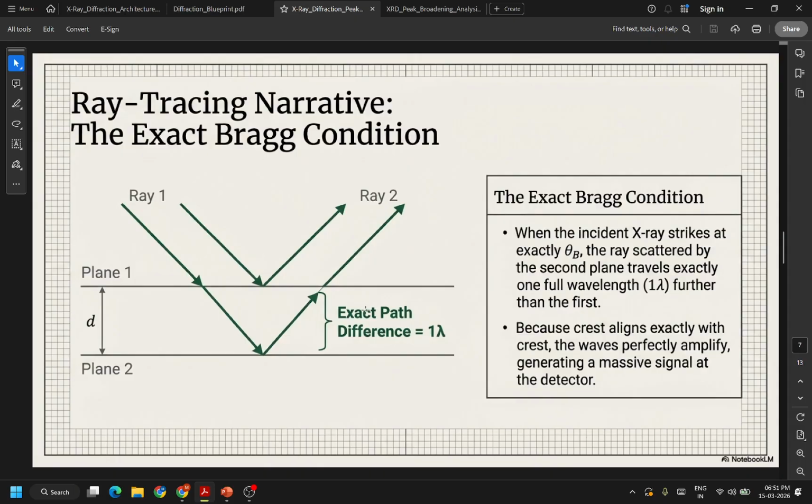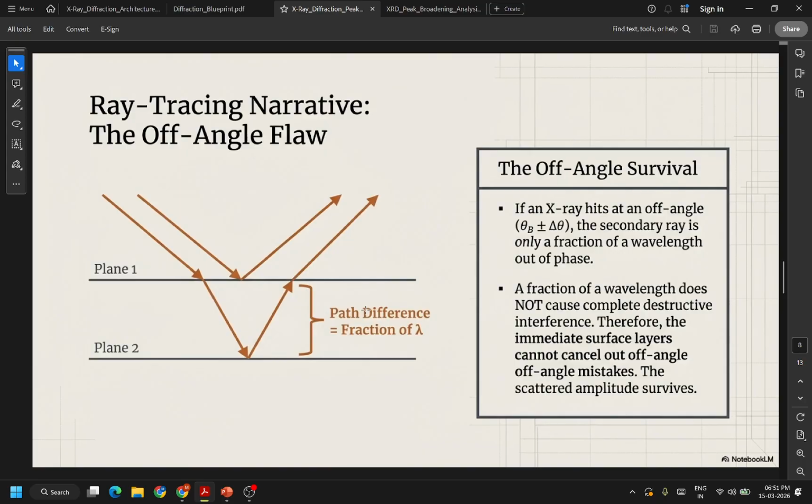So at the exact Bragg condition, the crests align perfectly, and this amplifies the wave, which generates a massive signal at the detector. But at any off angle, if it does not create complete destructive interference, we will still have rays that are going to the detector.